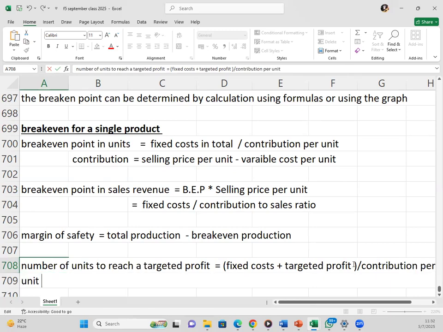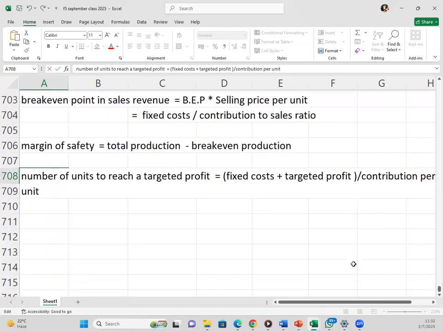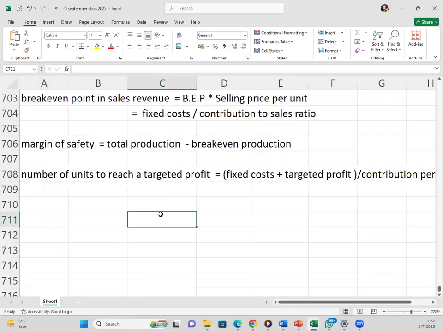This will tell us the number of units required to reach a certain targeted profit.